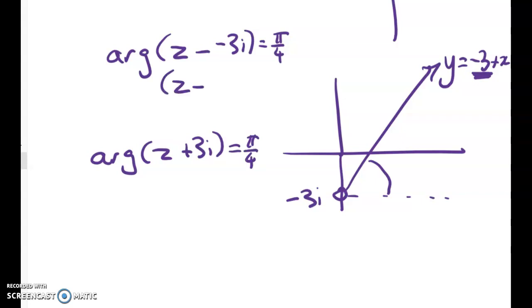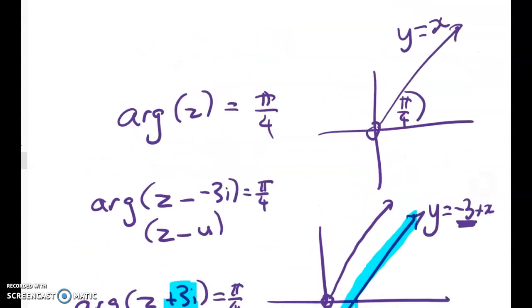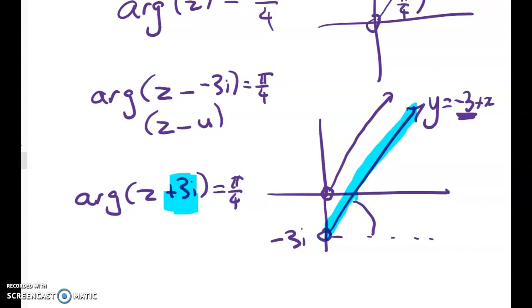So this is arg of z minus u. If I take every point on that locus and I add 3i onto it, then I'm transforming that line. It's going to move up to here, and we get back to this one up here that we started with. All right, so that's what's going on with that transformation.